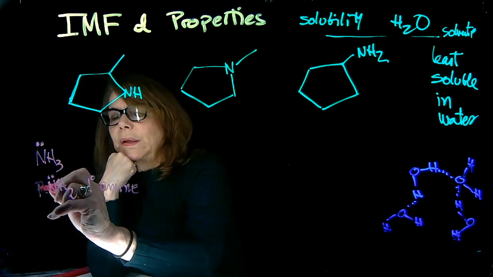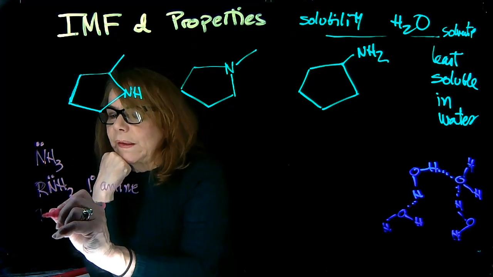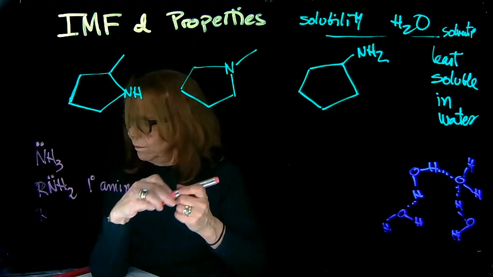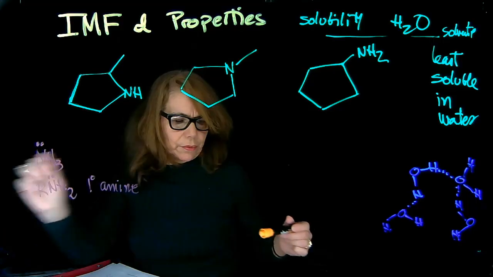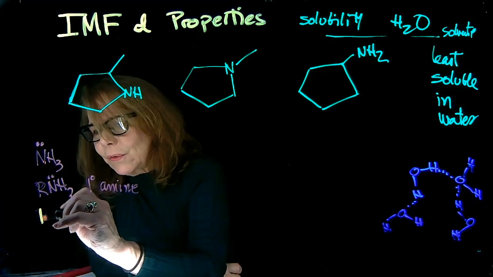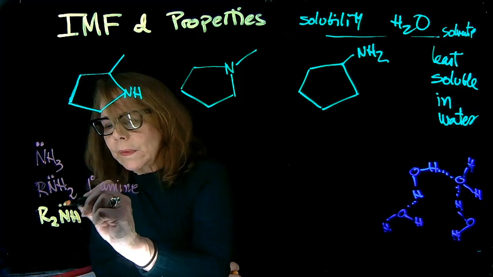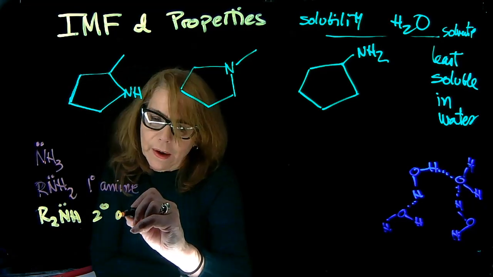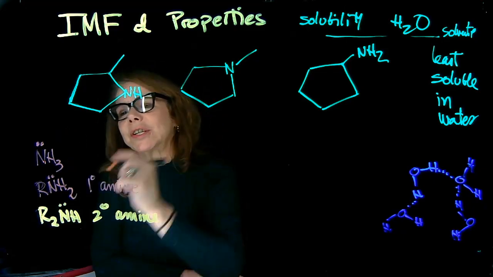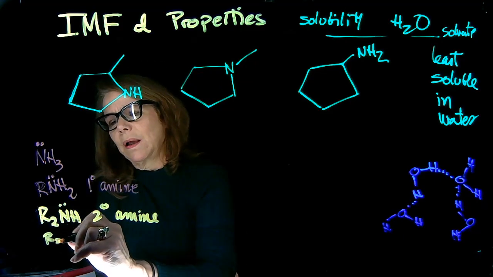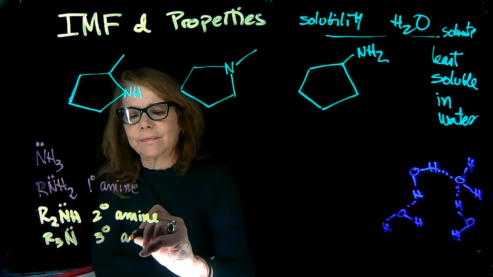If I replace two of the H's in ammonia by R groups, so two R groups and only one H, this is a secondary amine. And if I replace the three H's by R groups, then I have a tertiary amine.